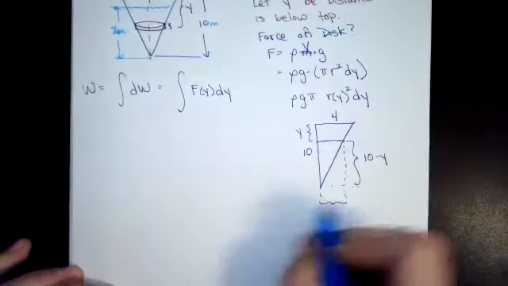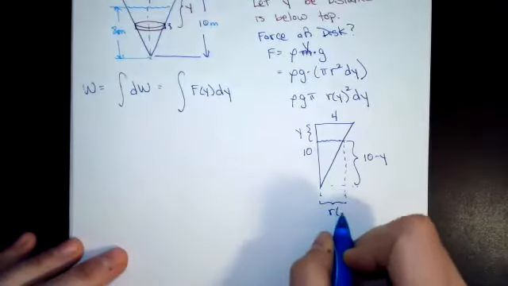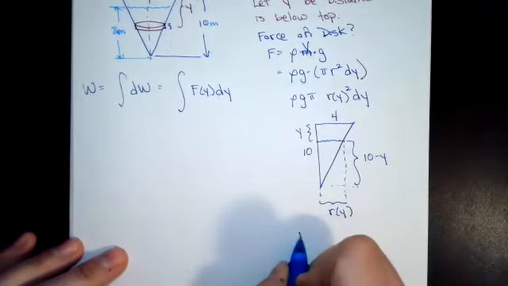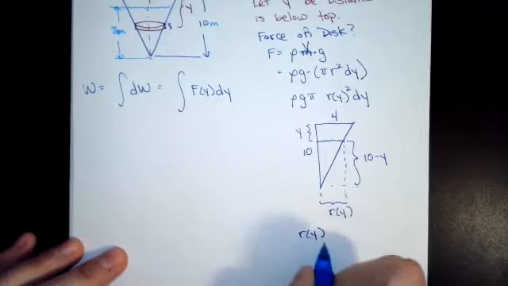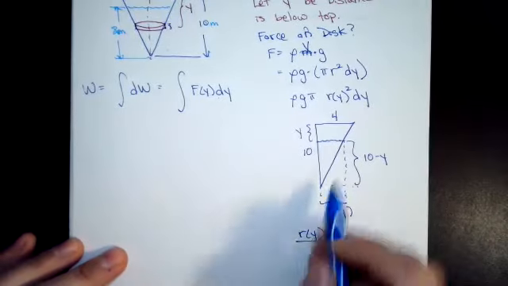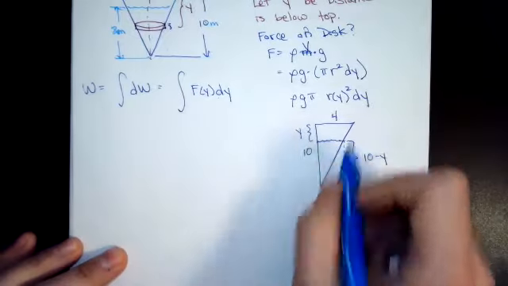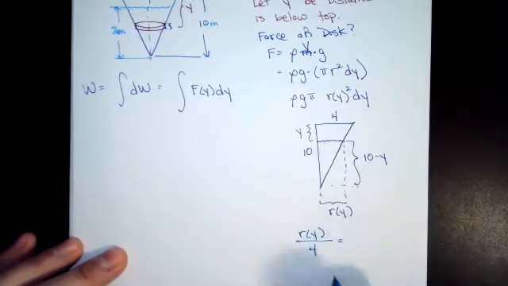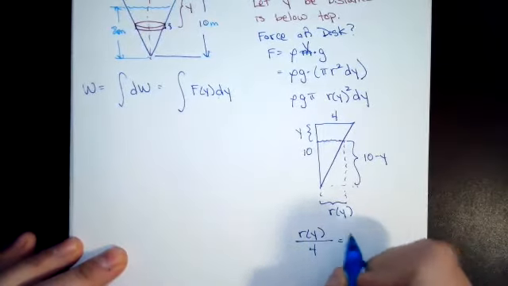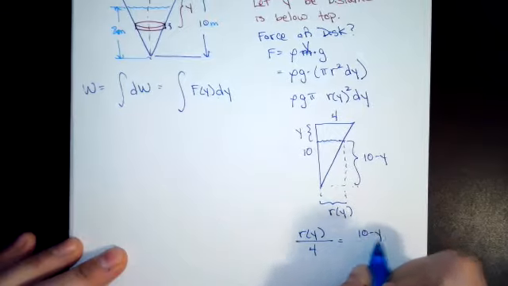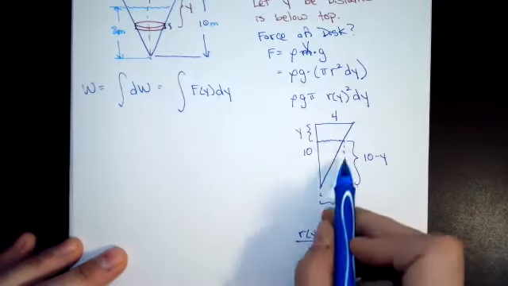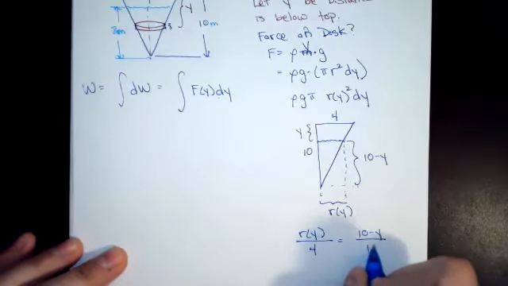So we can just set up similar triangles and say that the radius, however you want to set it up, let's set it up with corresponding sides. So the radius relative to the big radius should be the height of that triangle relative to the bigger height.